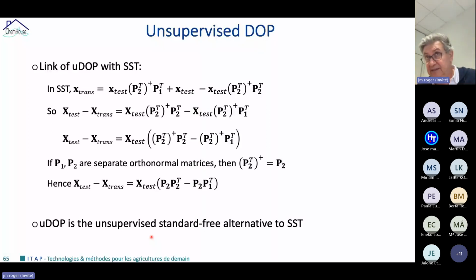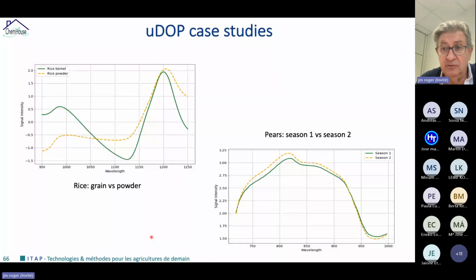Okay, so it's very nice results, and we have applied it here. We had two sets of spectra, source and target domain. The source was rice, the spectra of rice in kernel form, kernels of rice.